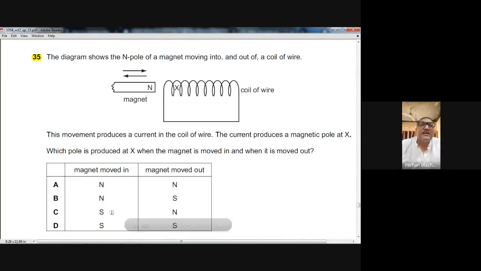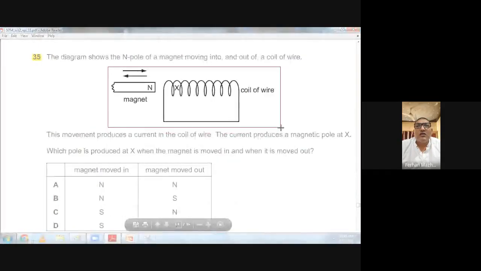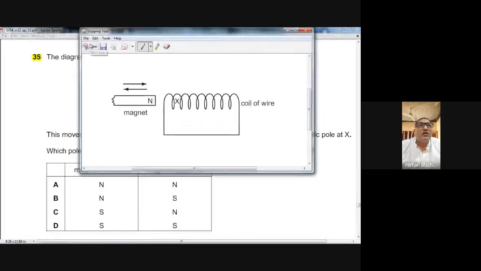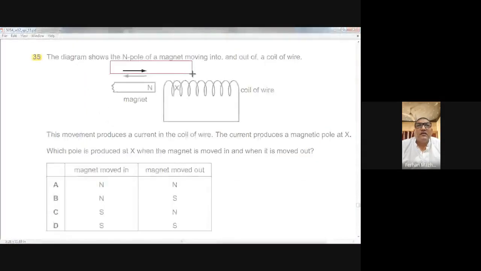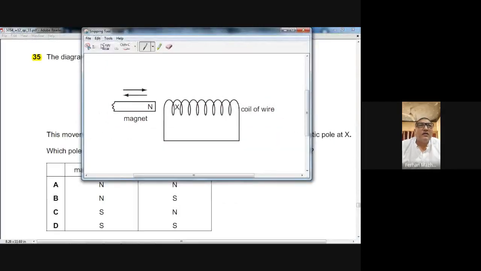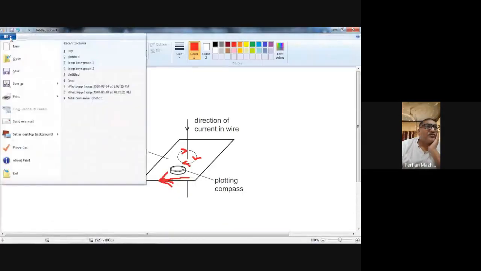Let me take this diagram into Paint so I can show you.